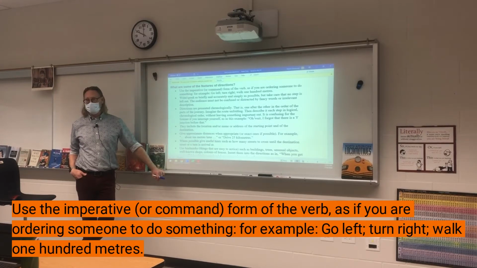Do you know what the imperative form of the verb is? Thank you for saying no, because we have a whole lot of people unwilling to say that yes they do or no they don't. So the imperative form is the form of a verb you use when you're giving orders, when you're telling someone what to do.